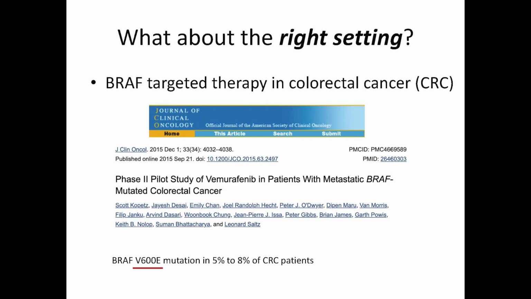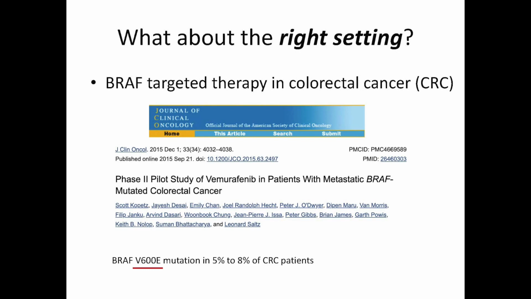BRAF V600E mutation is seen in 5% to 8% of patients with metastatic colorectal cancer and is associated with poor prognosis. As we mentioned before, the drug vemurafenib is an oral BRAF V600 inhibitor, has pronounced activity in patients with metastatic melanoma.